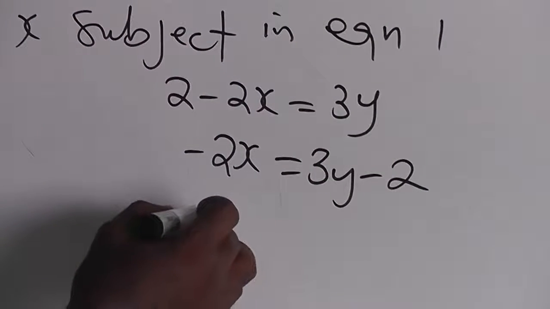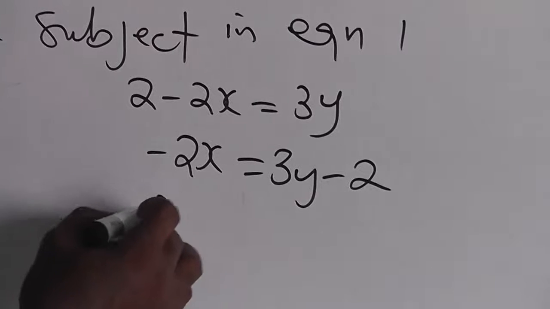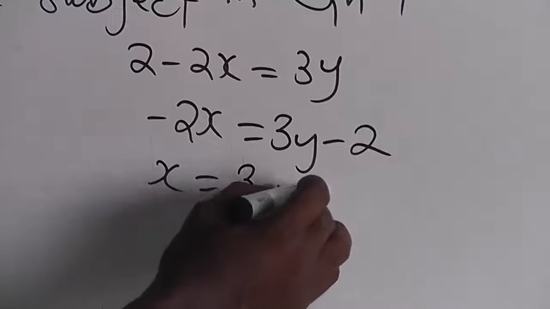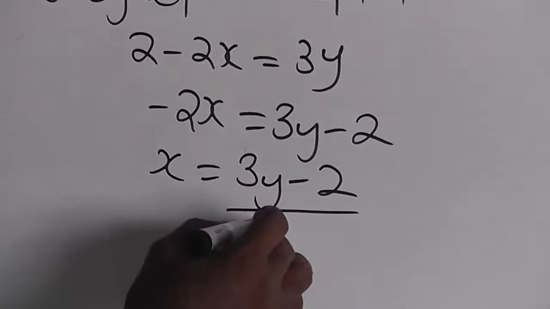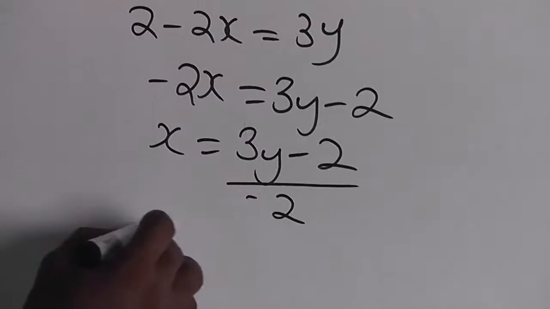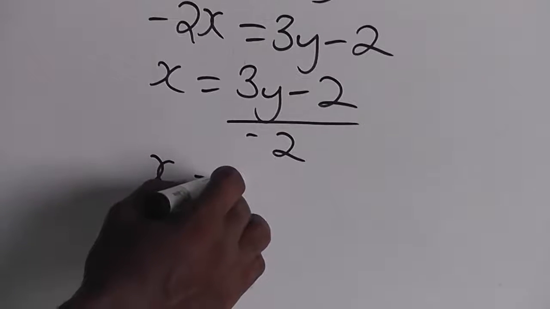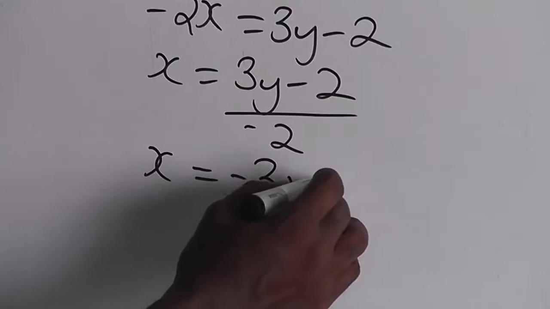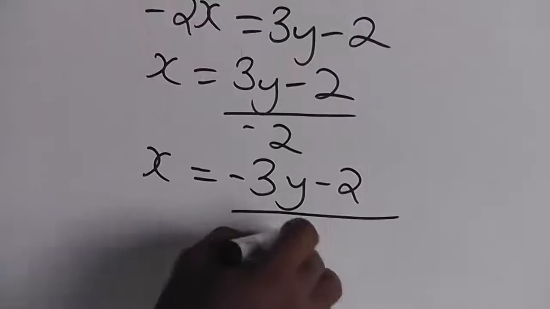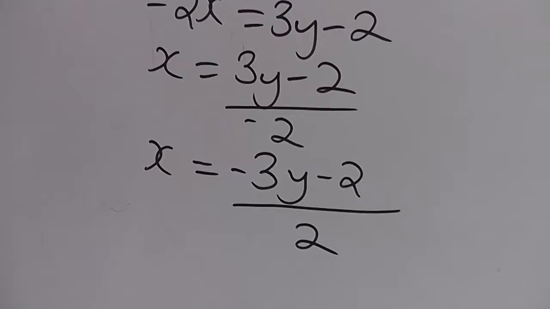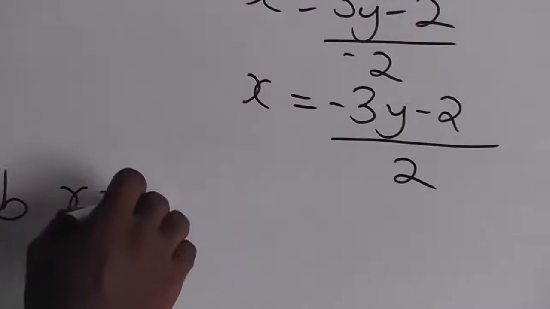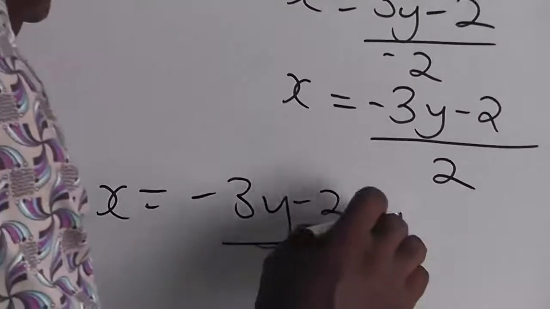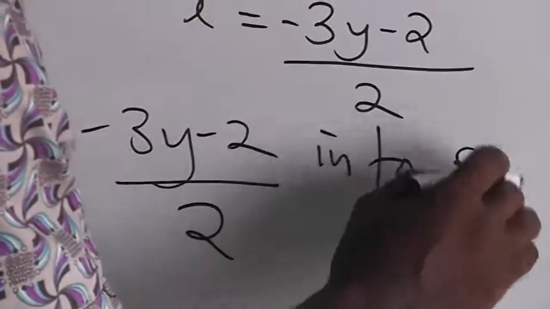And then, if you divide both sides by minus 2, you're going to have x is equal to 3y minus 2 divided by minus 2. So our x is equal to minus 3y minus 2 over 2. Now we substitute x is equal to minus 3y minus 2 over 2 into equation 2.